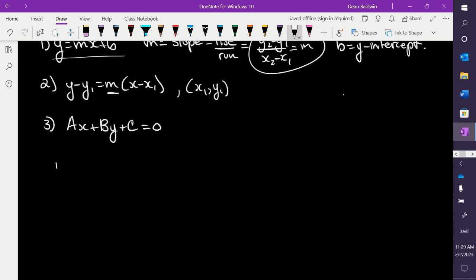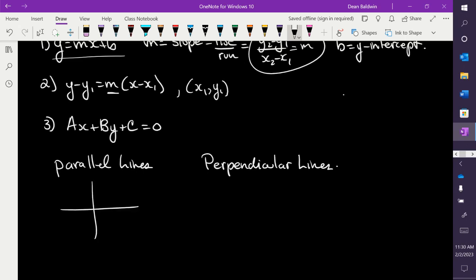Parallel and perpendicular lines. What are parallel lines? They never touch. Why do they never touch?